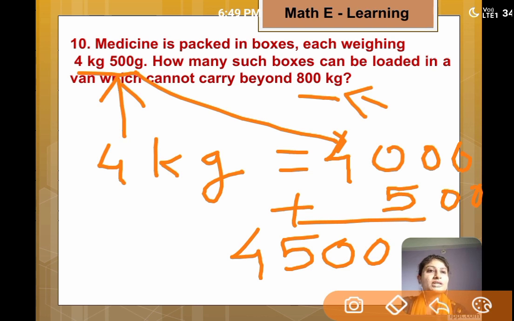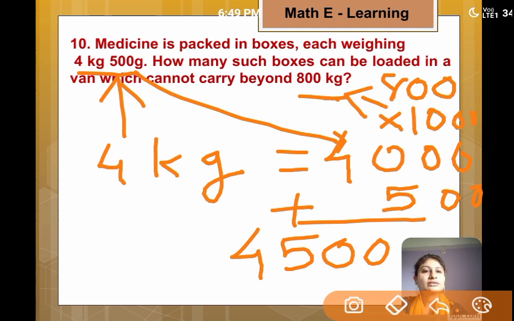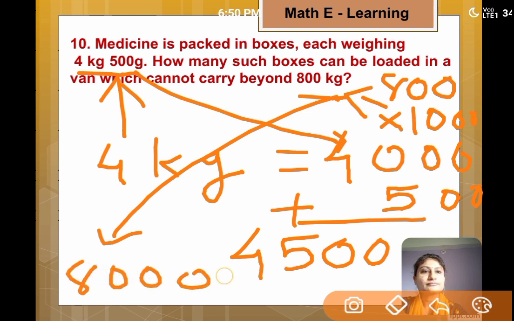So we convert these kilograms into grams. We write 800, and then if we multiply with 1000, we get the answer 8 lakh.